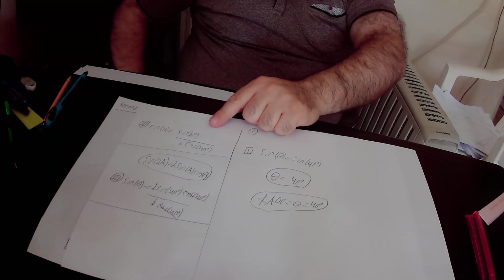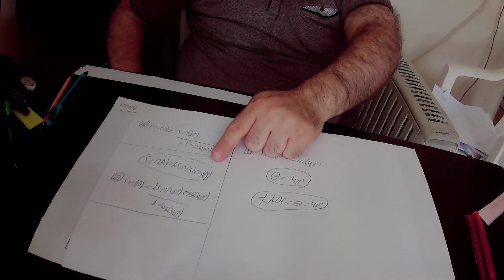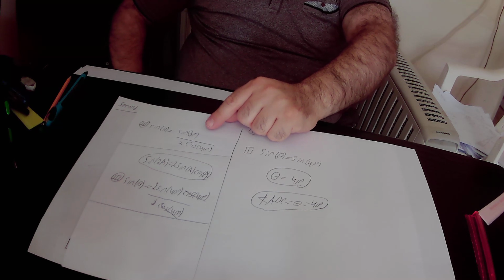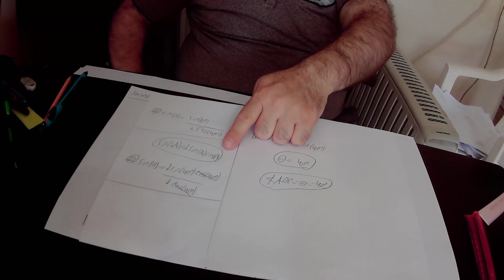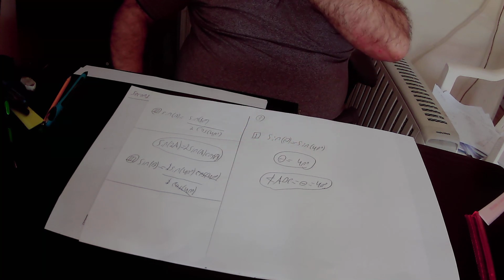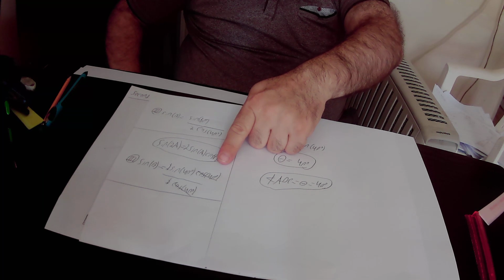Then use the trigonometric identity that sine 2a equals 2 sine a cosine a in order to find the value of sine 80 degrees. According to this trigonometric identity, we will get that the value of sine 80 degrees is 2 sine 40 degrees times cosine 40 degrees.